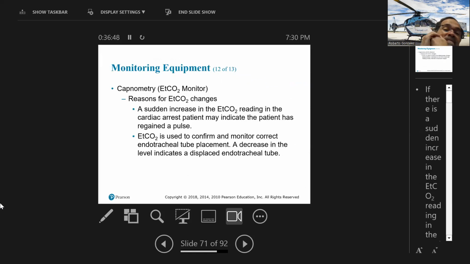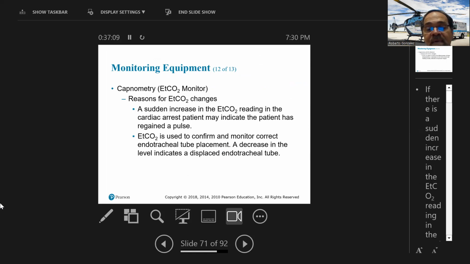Reasons why you have changes. A sudden increase in EtCO2 reading in cardiac arrest patients may actually indicate the patient has regained a pulse itself.